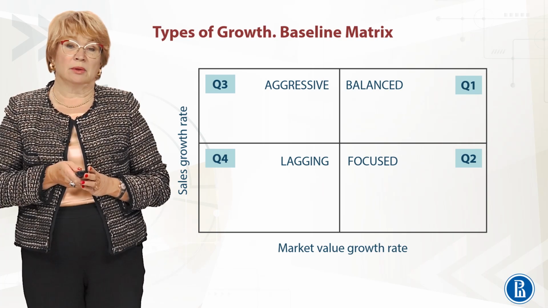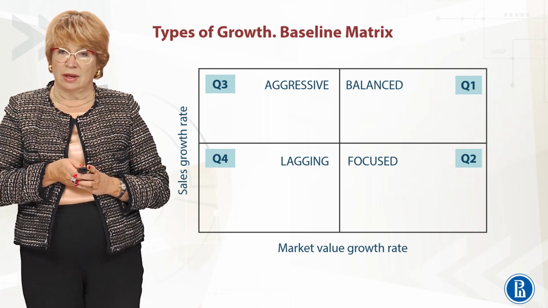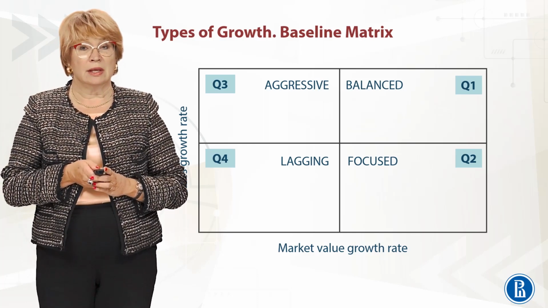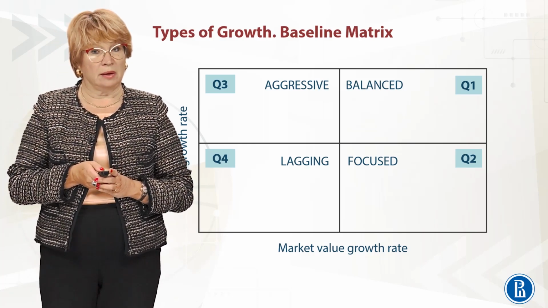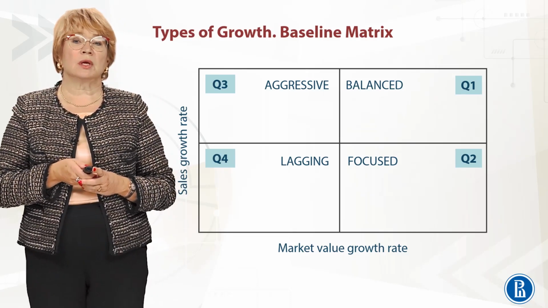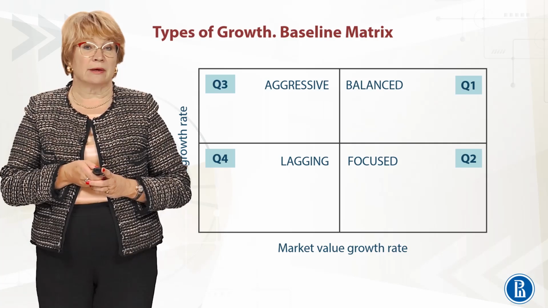They are a little bit at the bottom in terms of the sales growth rates. And that's why we can call them focused. They are focused on the growth rate of their accounting profits. And we'll be back in a few minutes to this Q2 because it's not as simplistic as it looks.